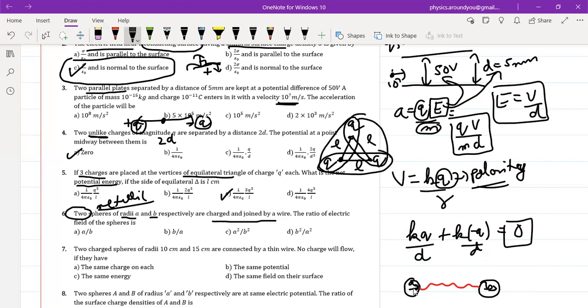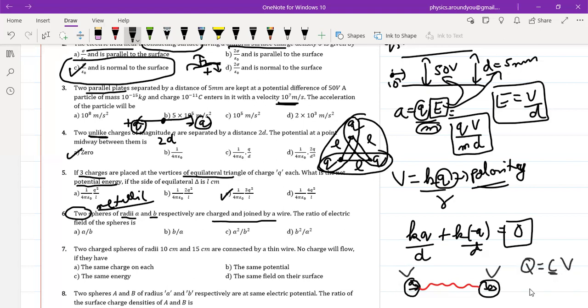We know that once a wire is connected, both of them will settle down to the same potential. And we can use this relation. Since it is a sphere, I will use a concept of spherical capacitance and say Q equal to CV, where C is capacitance of each of them.